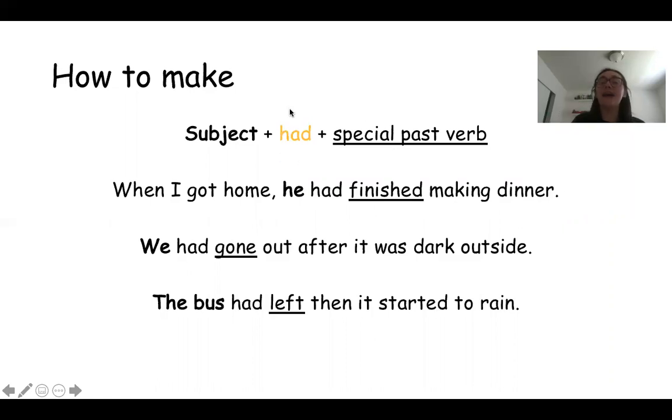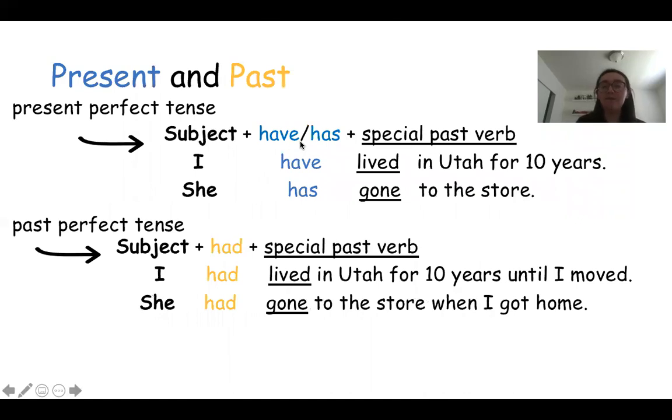Now, we use had because it's the past tense of have, right? So we have the word have or has if we're using present perfect tense. But if we're using past perfect tense, had is the past tense of have and has, right?